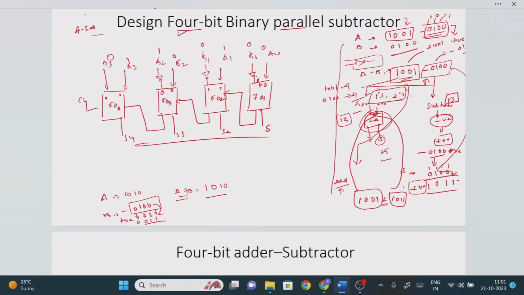But remember here S4, S3, S2, S1 are in terms of the subtraction result, not the addition result. It means that 9 minus 4 means the final output should be 5, even after you convert this negative number into a positive number, right? It is not 9 plus 4 equal to 13, right? So see, by using full adder only we are designing the parallel subtractor also, right?